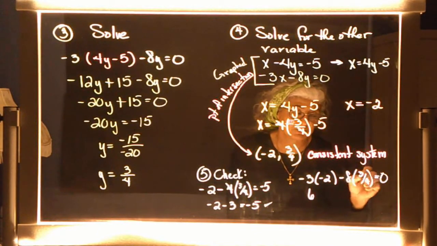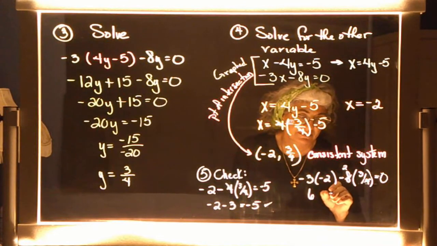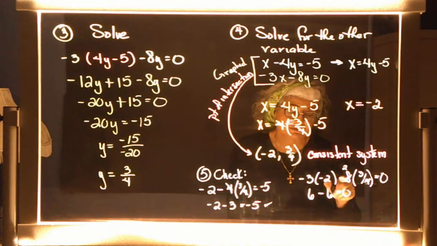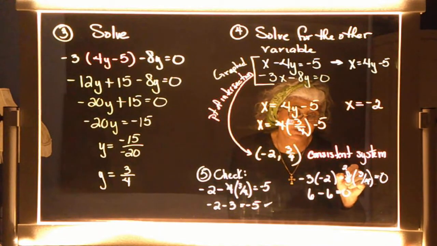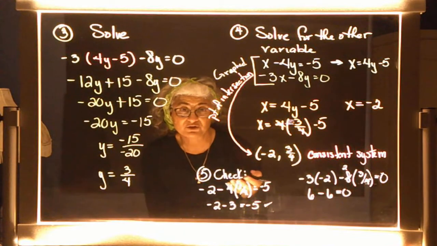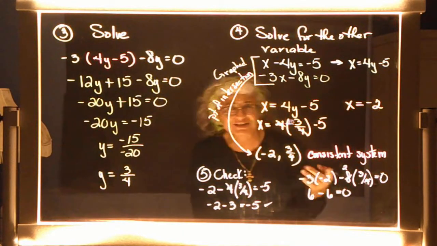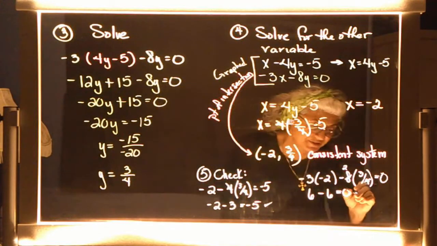Okay, so when I multiply these two ways you can do it. 4 goes into here twice, so I'd have a minus 6, wouldn't I? Or, if you multiply these together, you would get 24 over 4, which is still 6, isn't it? So one way or another, you're going to get a negative 6 here, or I should say minus 6. And 6 minus 6 is certainly 0.